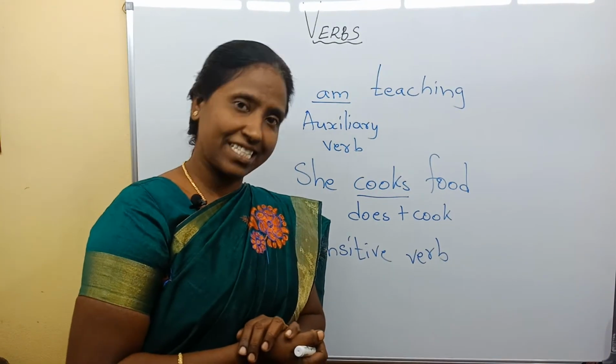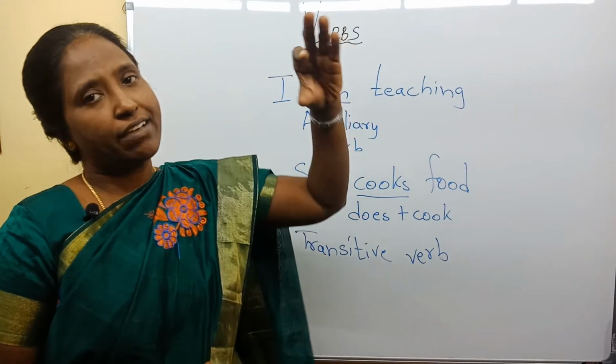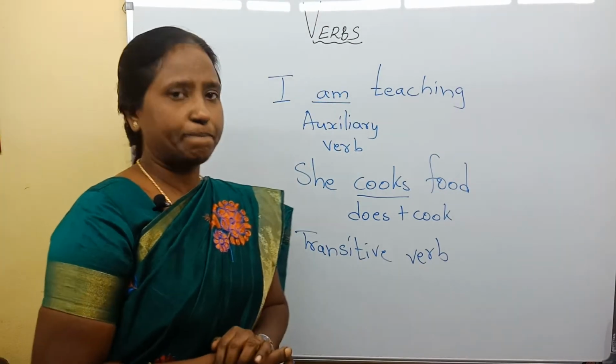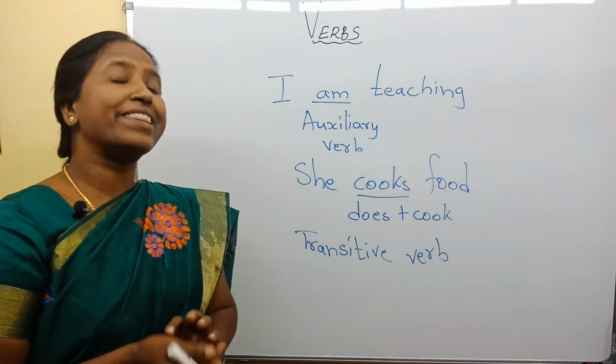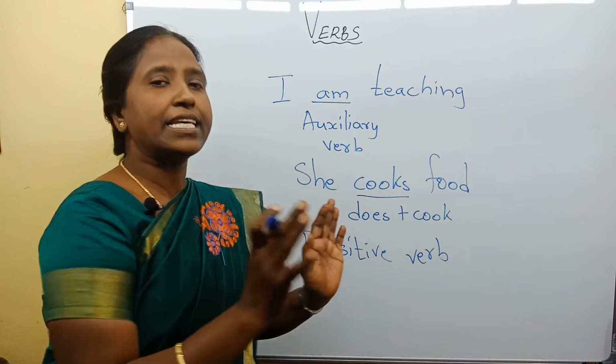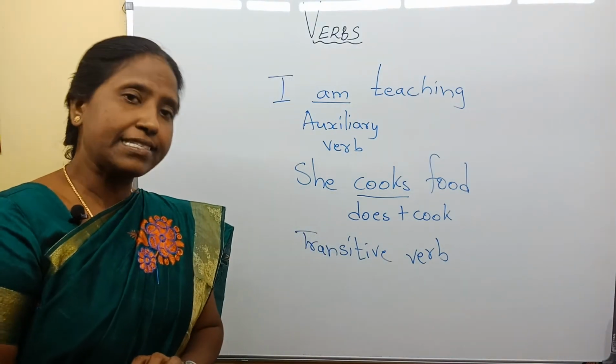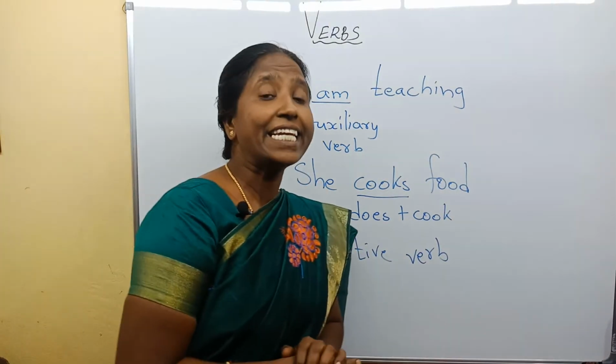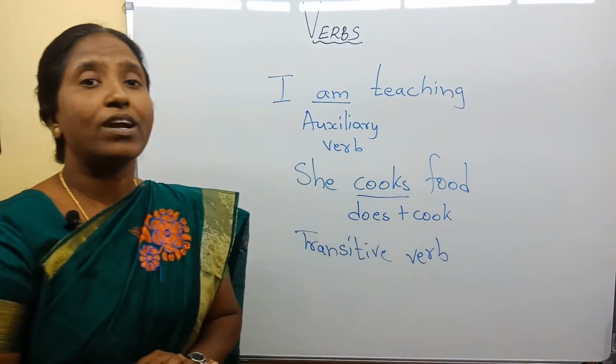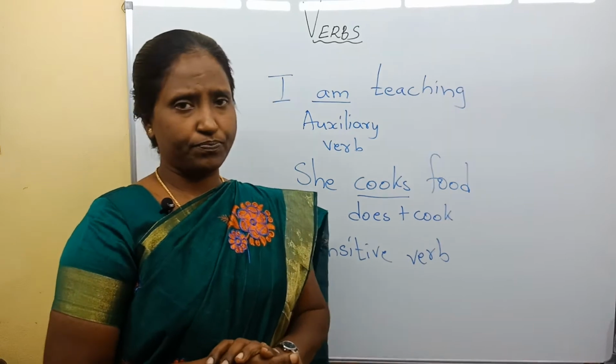This is transitive. The verb is affecting the object. That means without the object, the sentence remains incomplete. Such a verb is called a transitive verb.